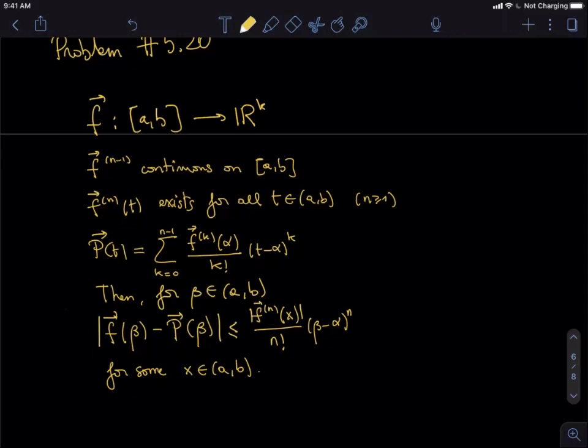Sorry, b minus alpha. So that is what we want to prove.